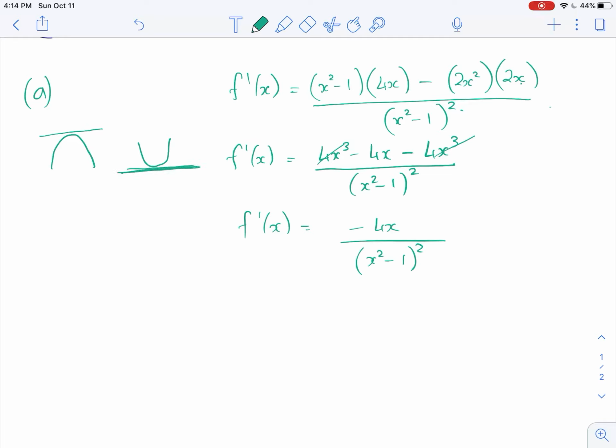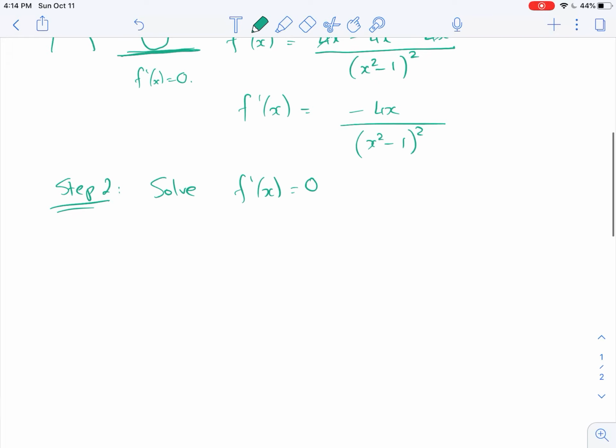Now remember, we want to find places where the tangent line is horizontal, i.e. the derivative at that point is equal to 0. So step 1 was to find the derivative. And then step 2, and I'll write these all at the end, is to solve when the derivative is equal to 0. So that occurs when minus 4x over x squared minus 1 all squared is equal to 0.